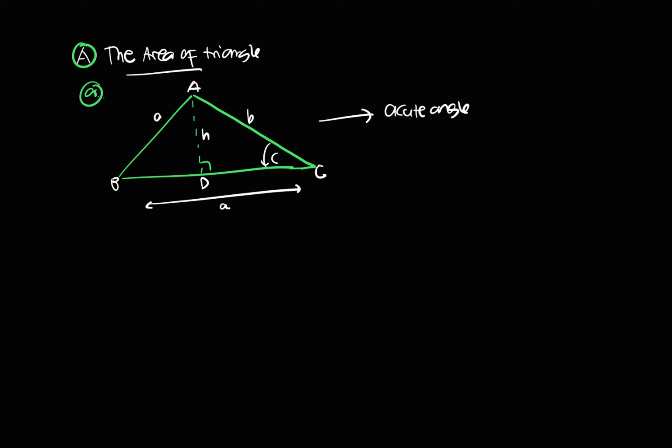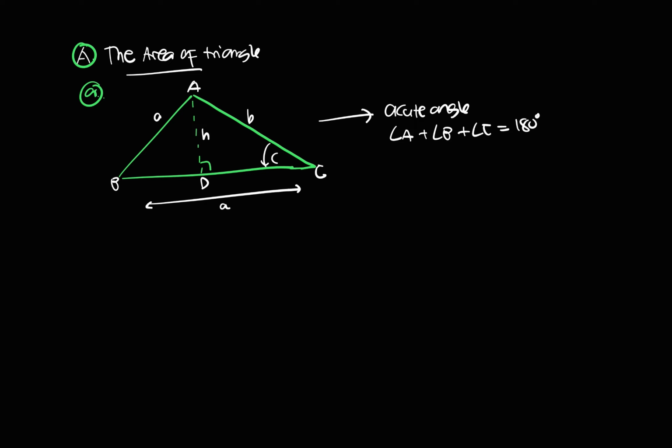We know that angle A plus angle B plus angle C is 180. But as it is not an isosceles or equilateral triangle, we can find the height.